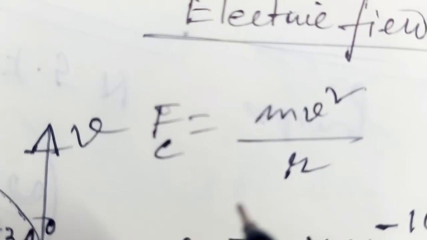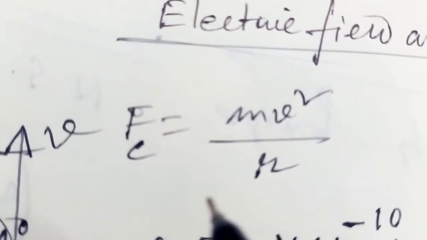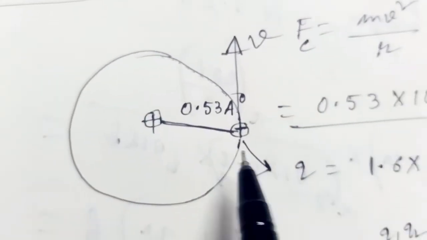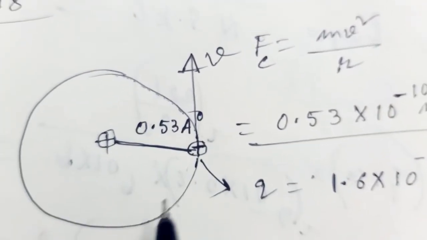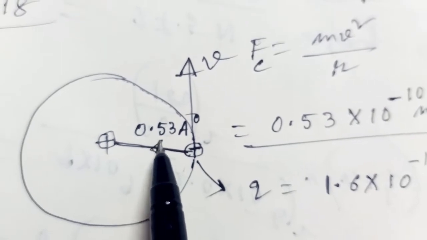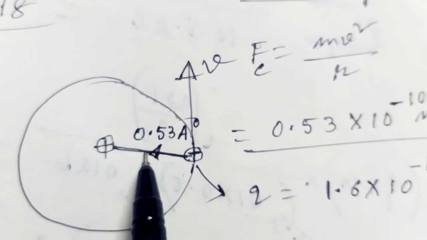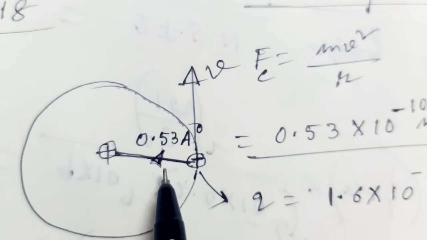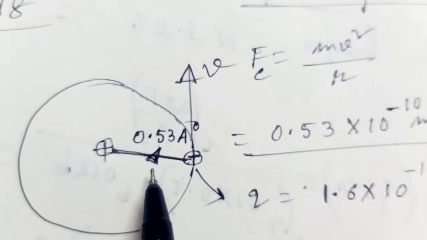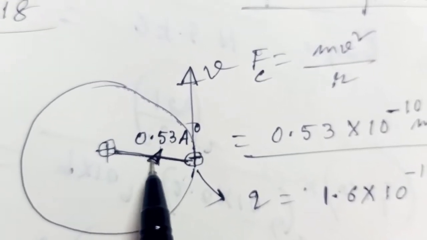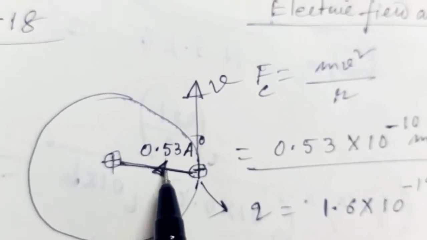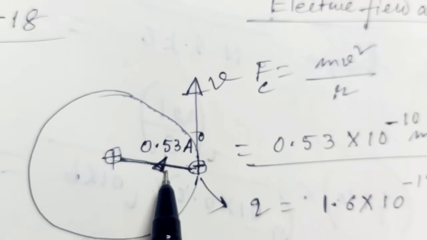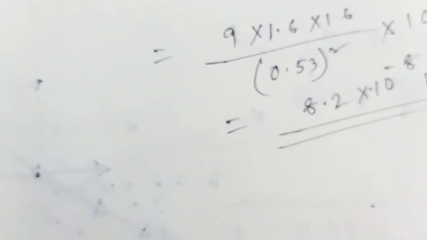When every body moves in a particular circular path, then it requires a force, that is centripetal force, and it acts along that particular direction. This is central in nature. So this central force or centripetal force is provided by the Coulombian attractional force, so we can equate these forces.